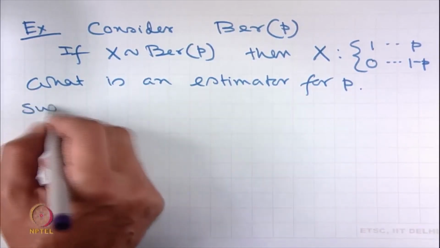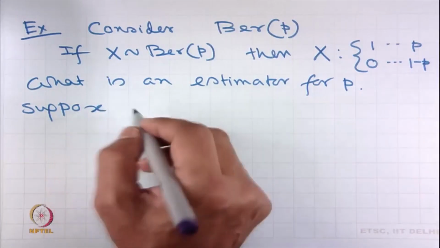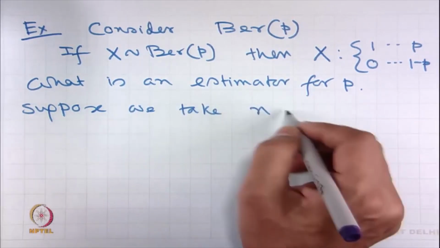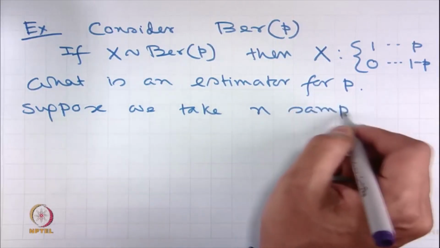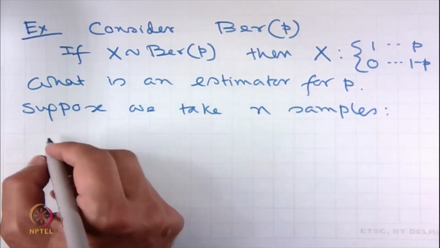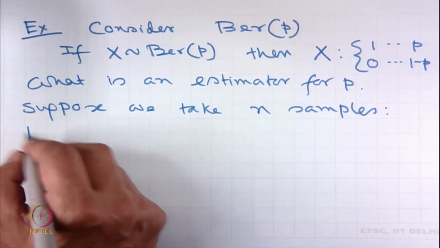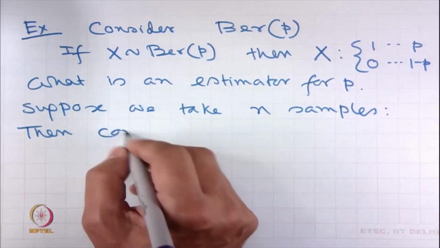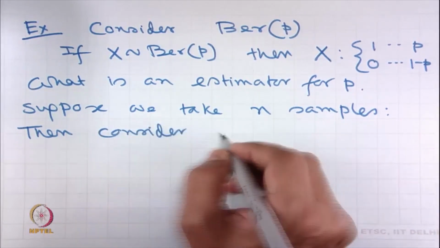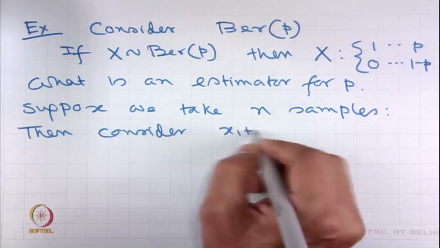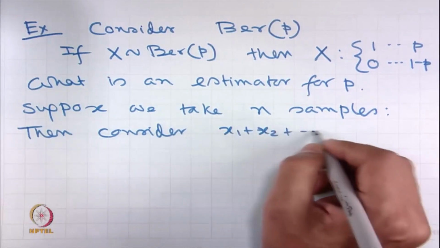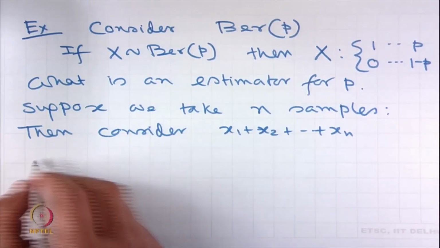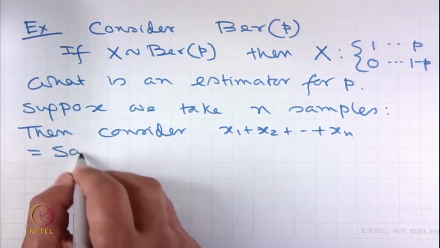Suppose we take n samples, then consider x1 + x2 + ... + xn, which is the sample sum.